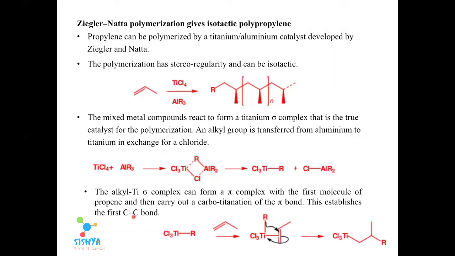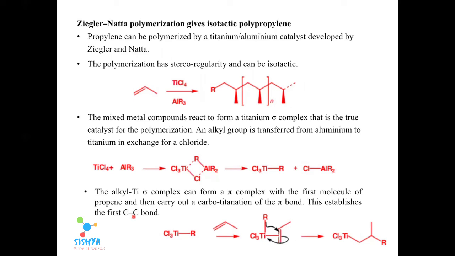Now let's proceed to Ziegler-Natta polymerization. Propylene can be polymerized by the titanium or aluminum catalyst developed by Ziegler and Natta, and hence the catalyst is commonly called the Ziegler-Natta catalyst.